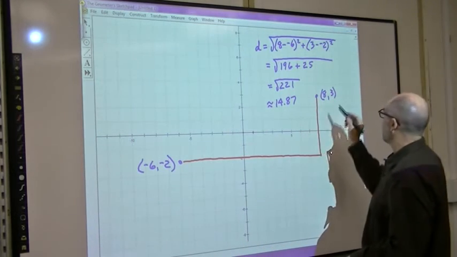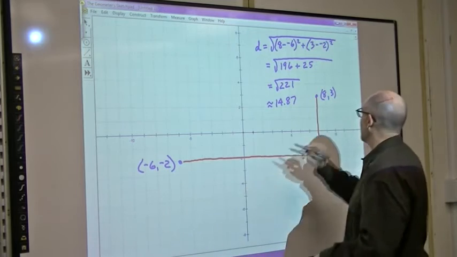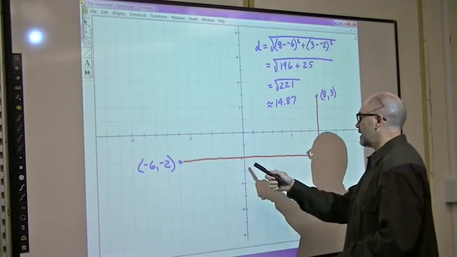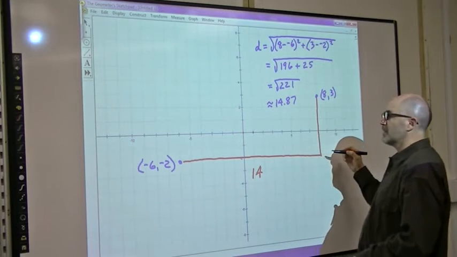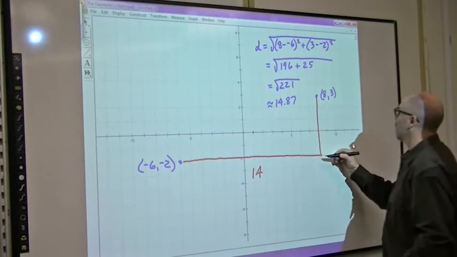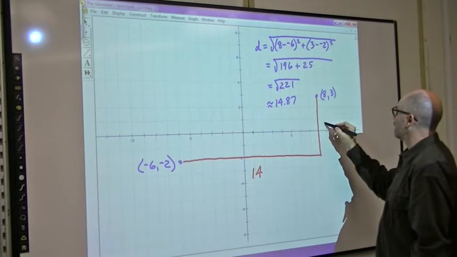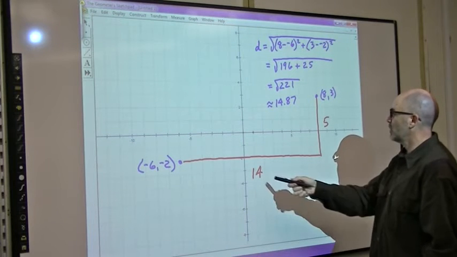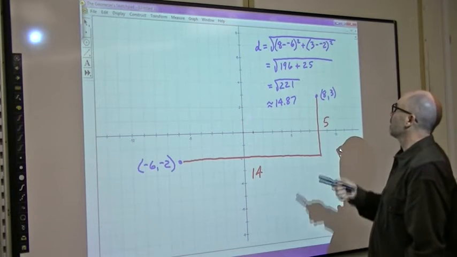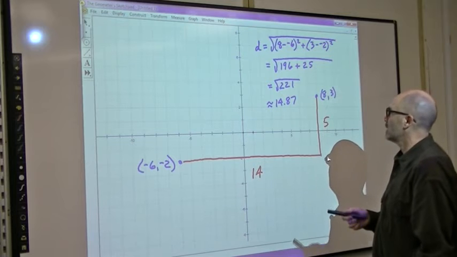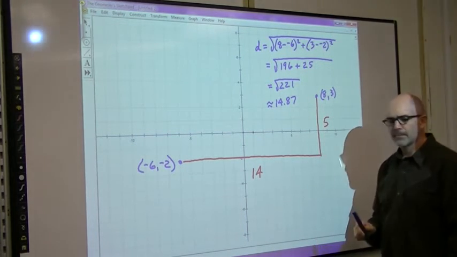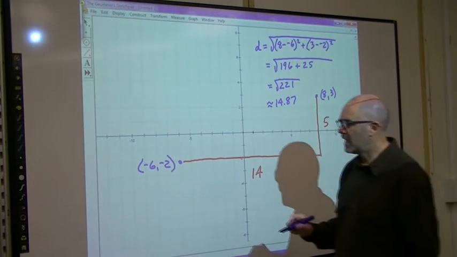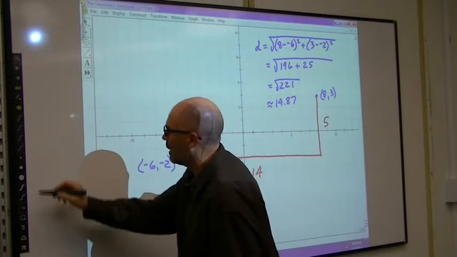The distance from -6 up to 8 is 6 plus 8, which is 14. The distance from -2 up to 3 is 5. So there's your 14 squared plus 5 squared, take the square root of the whole thing, and you get 221. So, that's it. Now, let's say we want the midpoint of this segment.